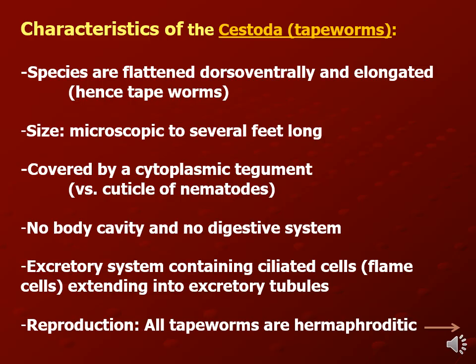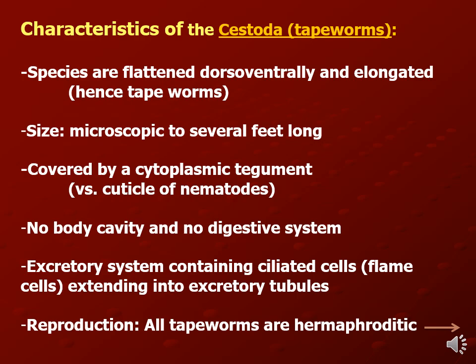They have no body cavity and no digestive system, hence they absorb their nutrients from the surrounding lumen of the intestine. Excretory system containing ciliated cells referred to as flame cells extending into excretory tubules. So they have a rudimentary excretory system.